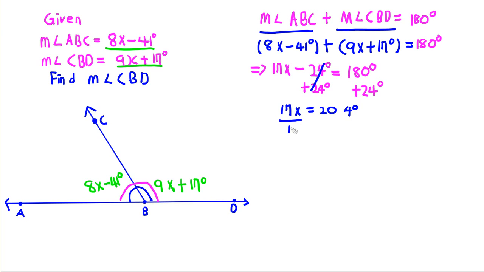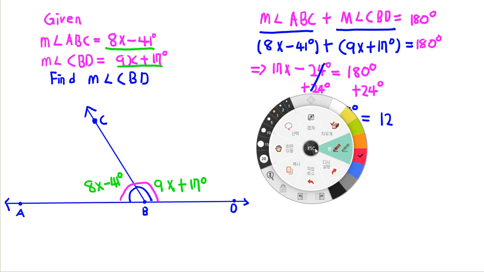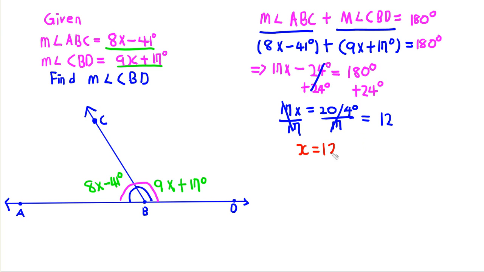We can divide both sides by 17 to isolate x. So 204 divided by 17 is equal to 12. The 17 cancels, and we can see that x should be equal to 12.